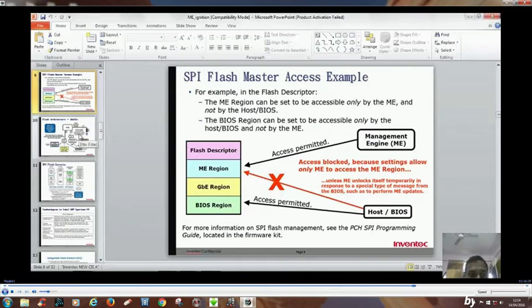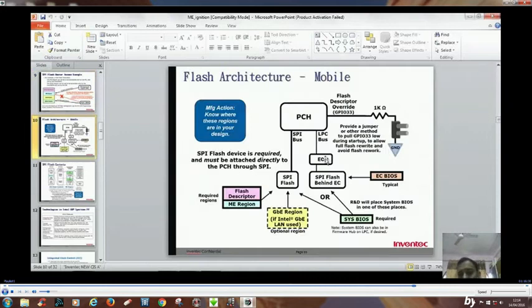We go to the next slide, and this is a very good example of how the flash architecture is in your notebook motherboard. We have a PCH. The PCH is connected to the embedded controller, that is your IO controller, because the EC is inside your IO controller, connected via the LPC bus.